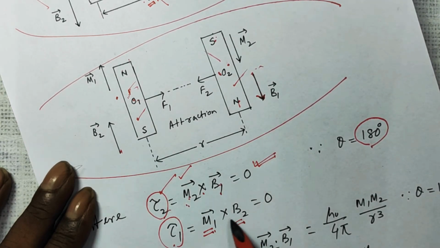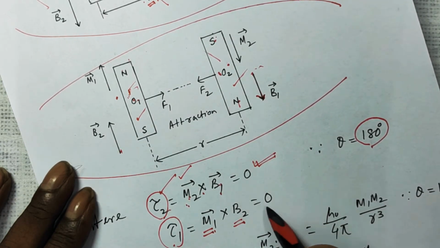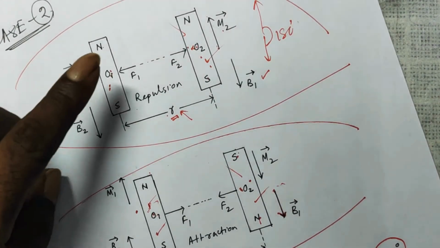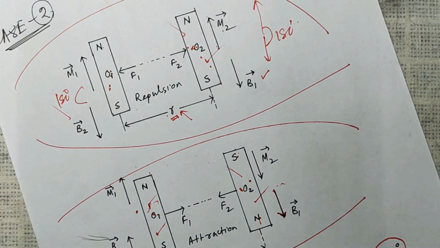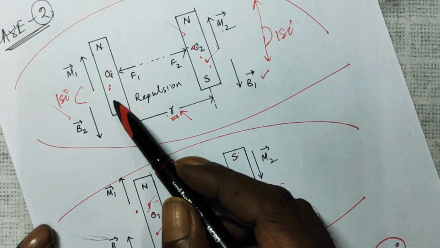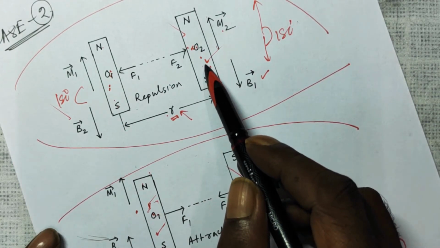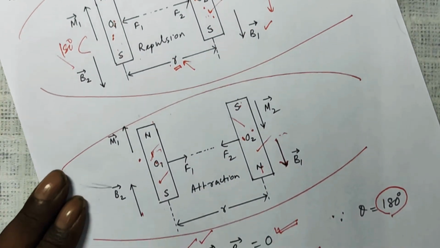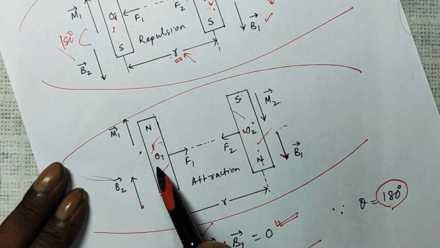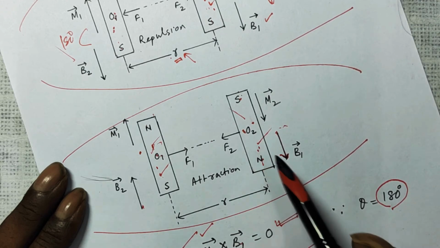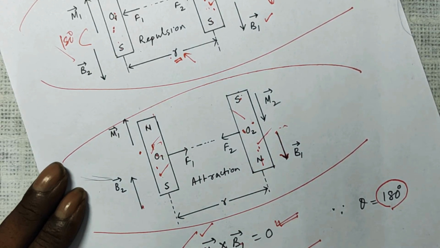Since there is a cross product, there will be a sine term. Sine 180 is 0, so the torque is 0. So whether it is this case or this case, neither this magnet will experience a torque due to this magnet, nor this magnet will experience a torque due to this magnet. Similarly, in this orientation, neither this will experience a torque, nor this will experience a torque. Both the torques are 0.